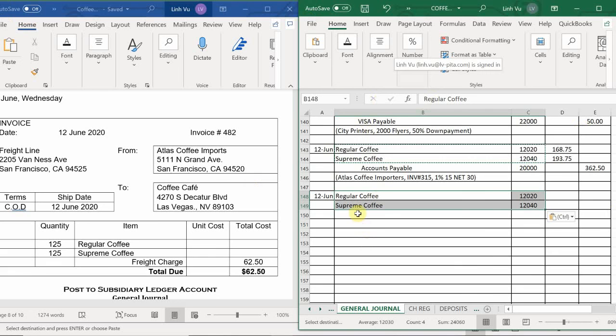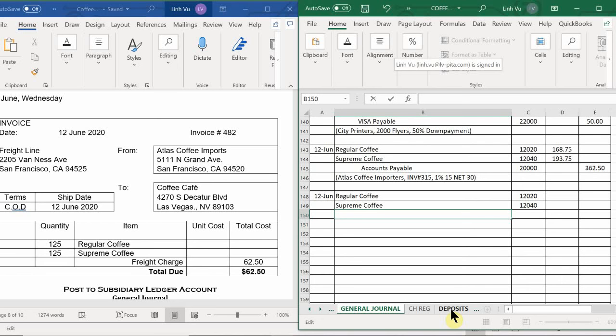So here we are. I just copied and pasted to save some time. That's the great thing about Excel, that you're able to manipulate the cells and make it work for you. So in this case, I made it easier on me to just copy and paste it, okay? Now, if I'm splitting this cost, what's my total cost? $62.50.